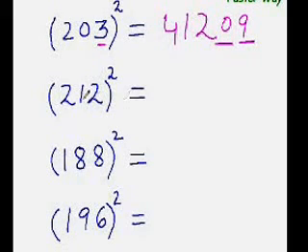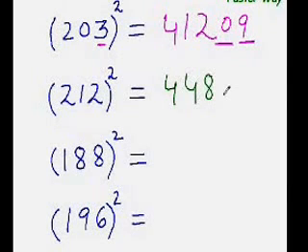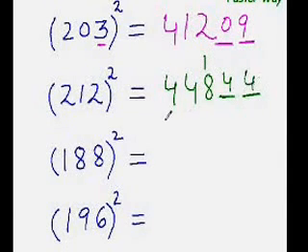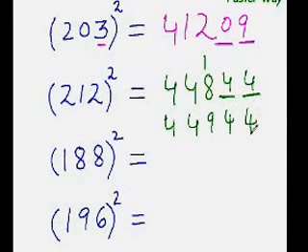So once again add this 12, that is distance from the base 200 to this entire number. 12 plus 212 would be 224, and double of 224 would be 448 using the doubling technique. Now two more places to go. So just put the square of 12 here. 12 square is 144, 144. So the answer would be 44944.